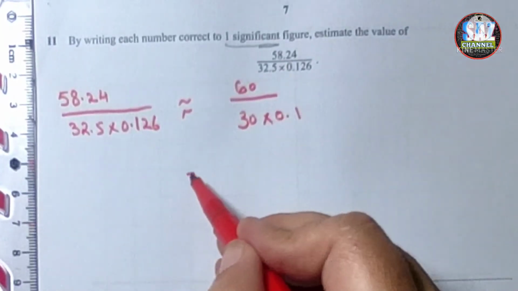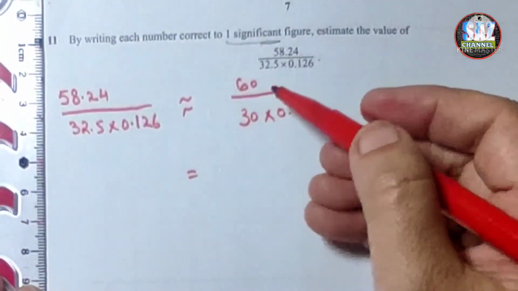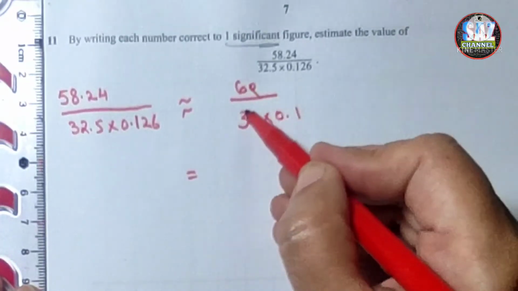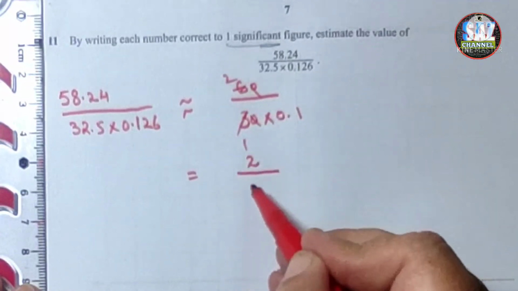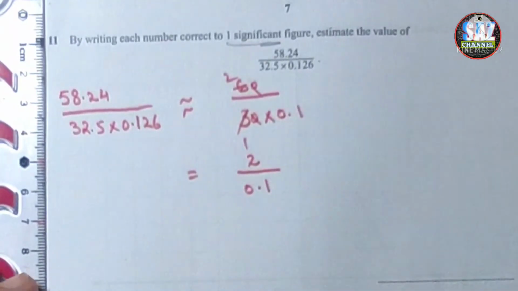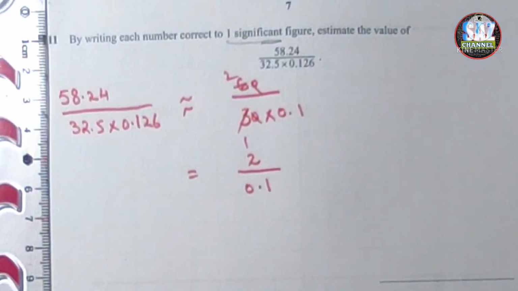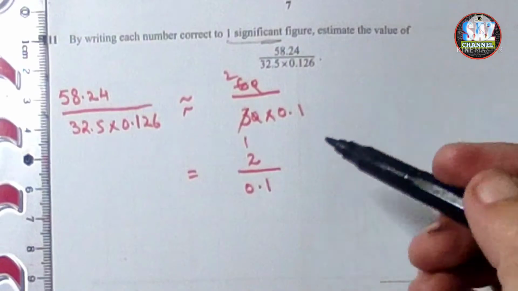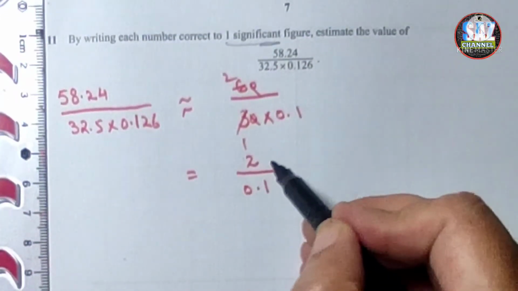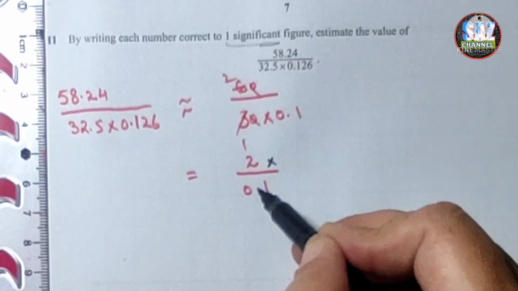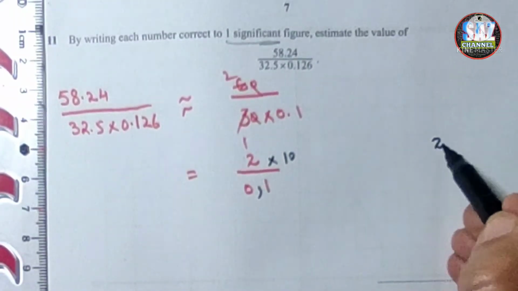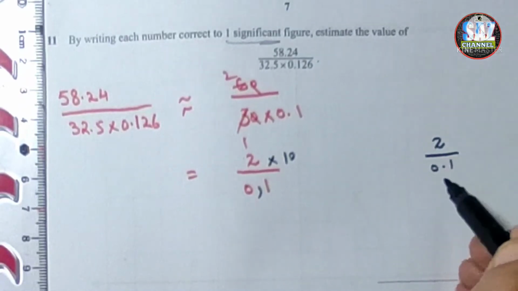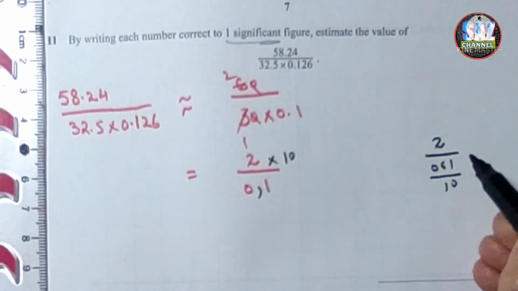Okay, now what we have to do, 60, the 0 can go easily with this 0, and 3 ones are 3, and 3 twos are 6, and I'm left with 2 divided by 0.1. Oh, what to do now? Okay, we have learned how to remove the decimal. So what I will be doing, either if you have good command you can show that I'm removing the decimal here, or on the side of the page what we can do is 2 divided by 0.1 divided by 10.